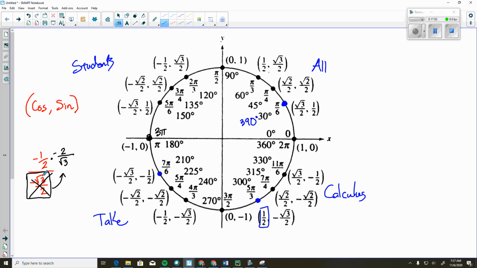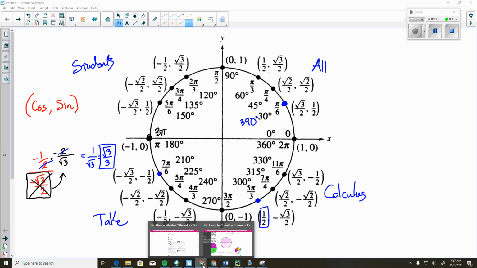I moved it up and I flipped it and multiplied it. The 2's will cancel out, and a negative times a negative is a positive, so then I'll have 1 times √3. If I rationalize the denominator, that gives me √3 over 3. That's my tangent value, √3 divided by 3.